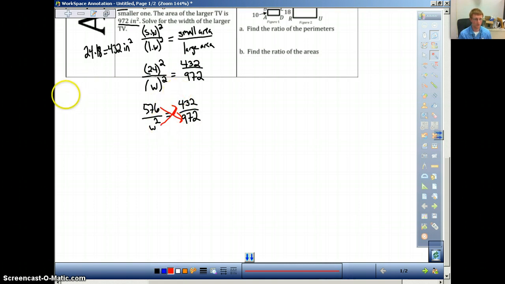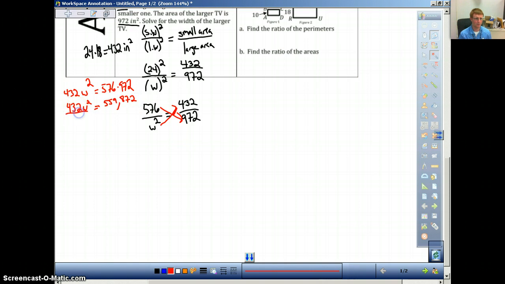So we end up with 432 W squared equals 576 times 972. So we have 432 W squared equals 559,872.